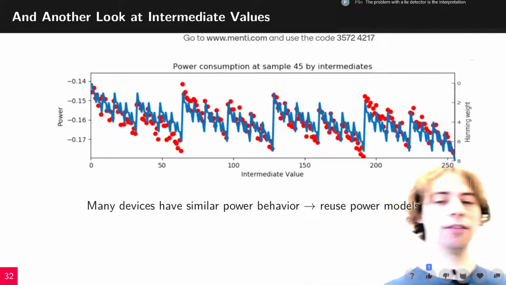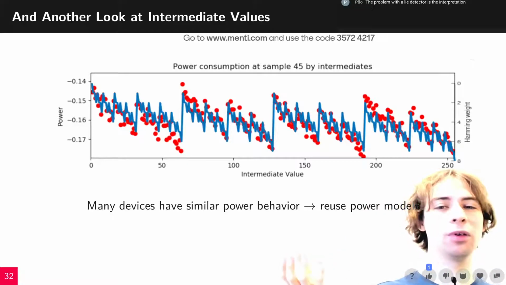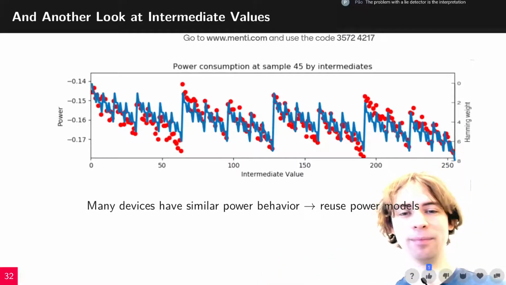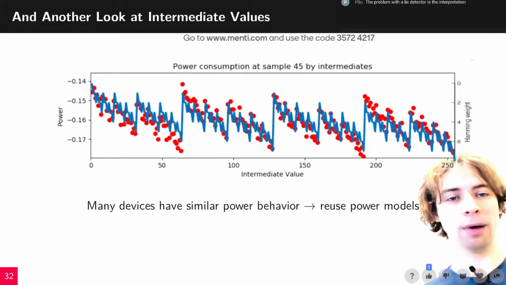Many devices will have very similar power behavior because they work the same way. They are also using bits to store data, and therefore we can very often reuse these power models, for instance, the Hamming weight power model.